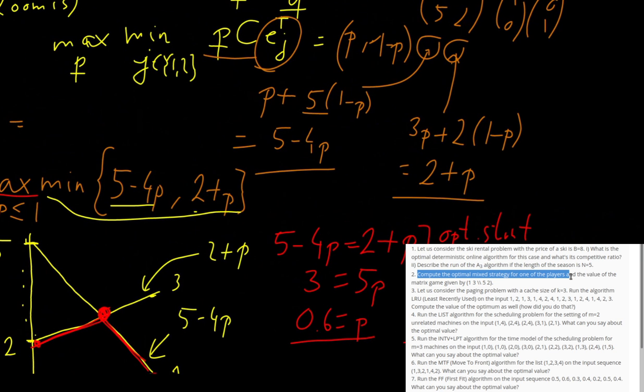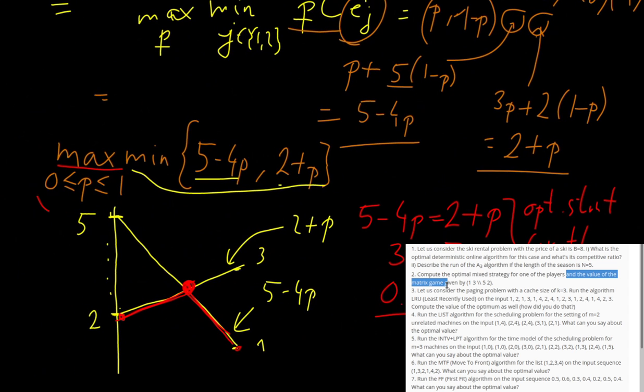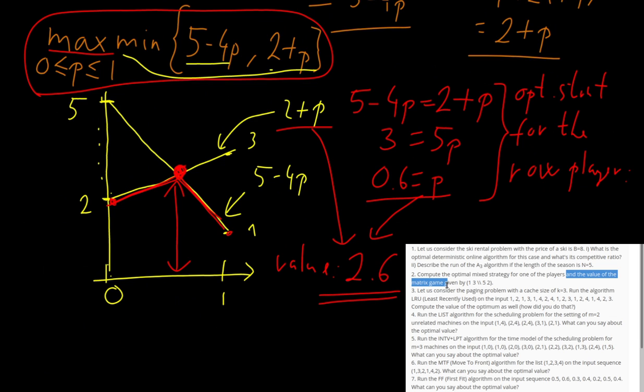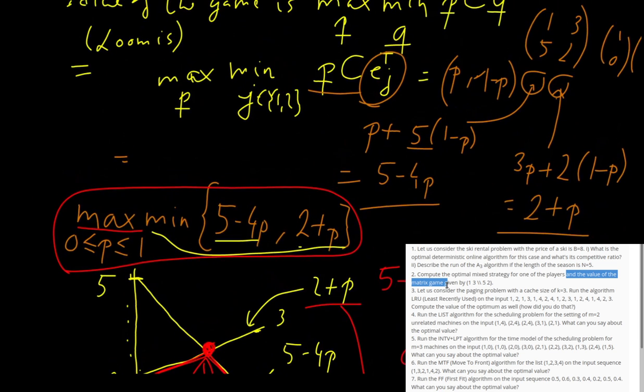And the other thing is the value of the matrix K, which is exactly this expression. You just have to substitute the optimum point into 2 plus p. So the value in this game is 2.6, and that's all you should produce.